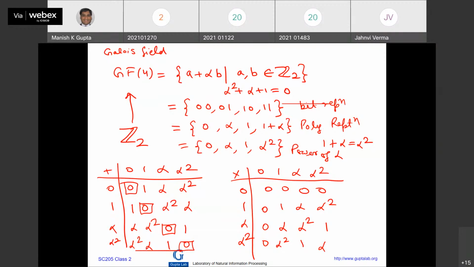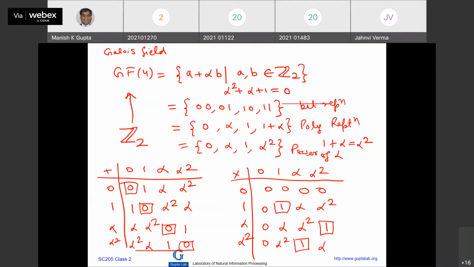Now we look at multiplication. We circle the multiplicative identities. Every non-zero element should have a multiplicative inverse. Leaving out 0, we have 1 into 1 is 1, so 1 is self-invertive.